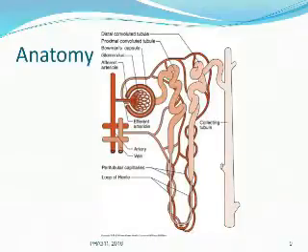So this is a detailed diagram of one nephron, and you can see where the glomerulus, tuft of capillaries, and Bowman's capsule are.